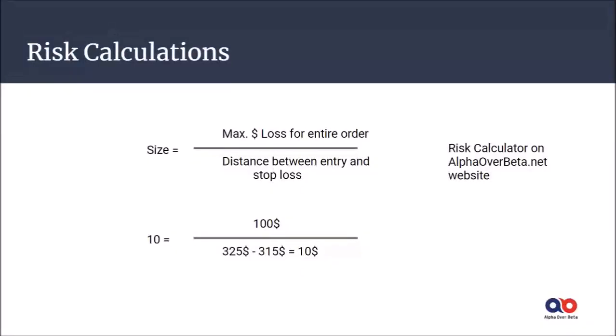Okay, on this particular order, according to your risk profile, what is the maximum loss you're willing or planning to have in this specific order? Okay, this is the limit. If you say that you're willing to lose $100, this is exactly what you're going to lose in case the trade goes against you.